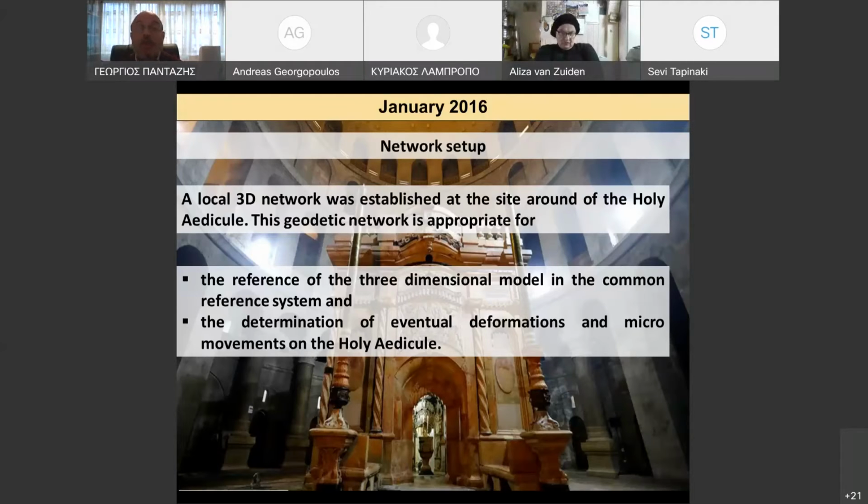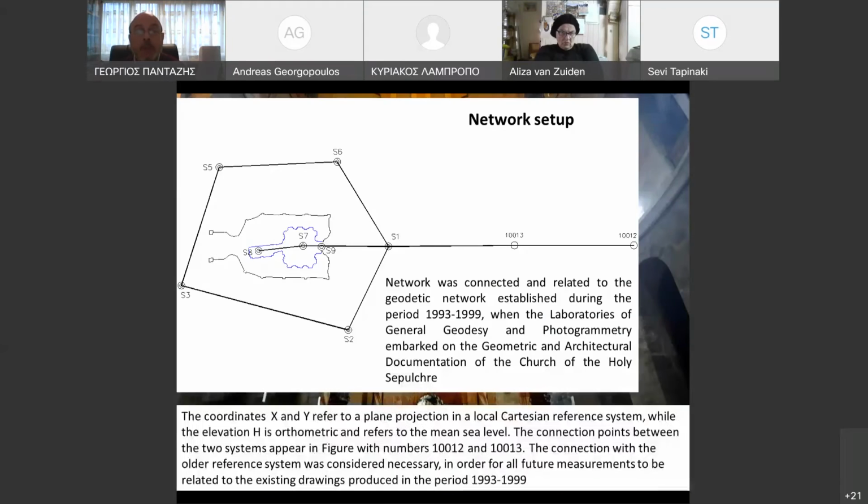This geodetic network is appropriate for the reference of the three-dimensional model in the common reference system and the determination of eventual deformations and micro movement of the Holy Edicula. In this slide, we can see the geodetic network, which was connected and related to the geodetic network established during the period 1993-1999.